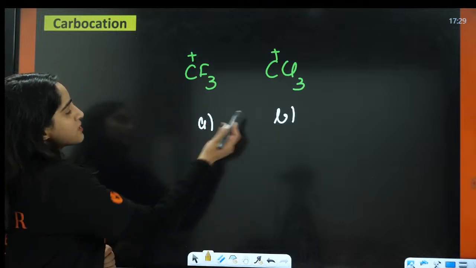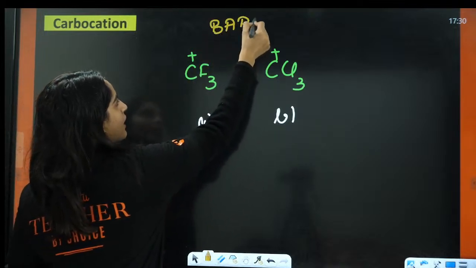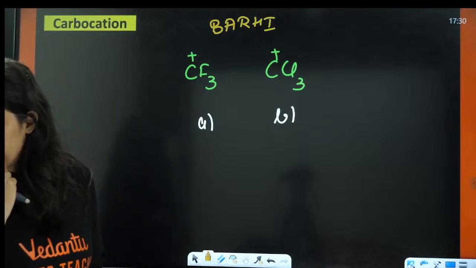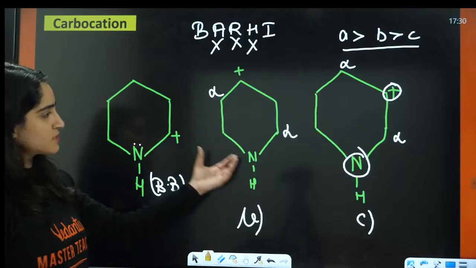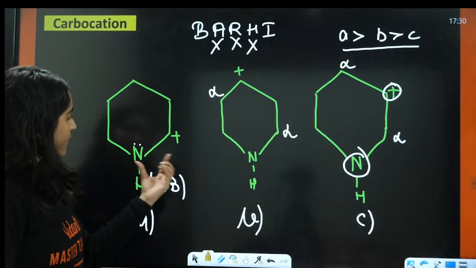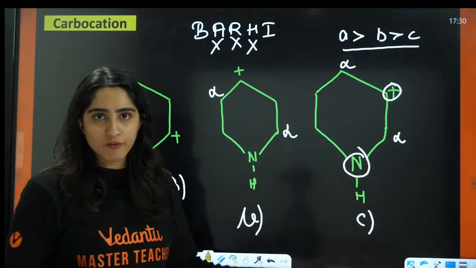Okay. So now this is A, this is B. Do you want more examples, or is this clear to you? Because of back bonding, this is more stable. And in B and C, you have inductive effect.